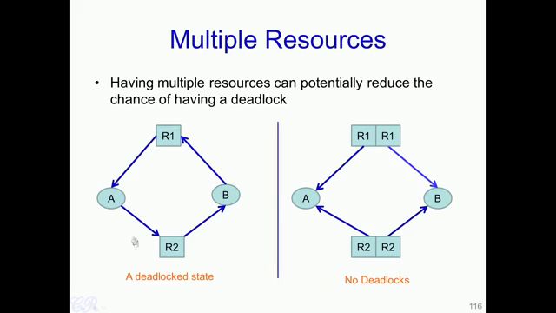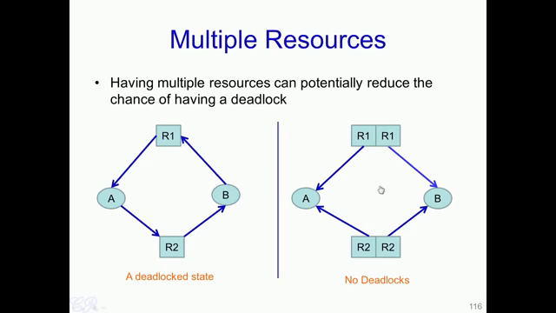So, we have seen that this was a deadlock state essentially because A is waiting for resource R2 to be released by B, and B in turn is waiting for resource R1. Now, one way this can be solved is by having multiple resources.